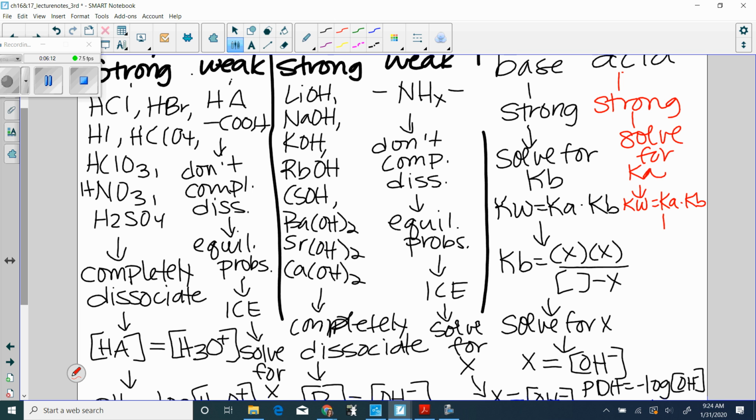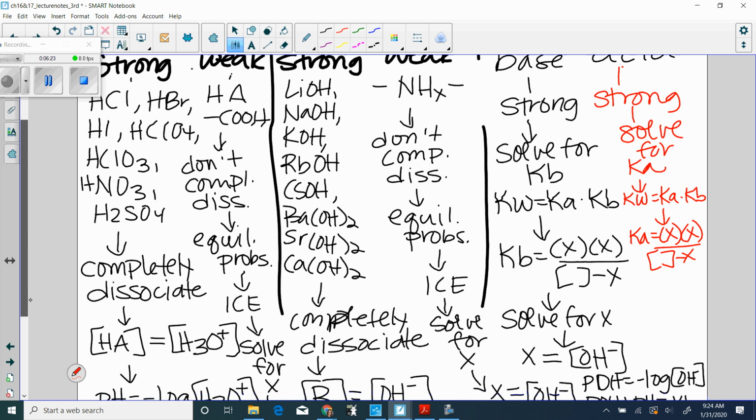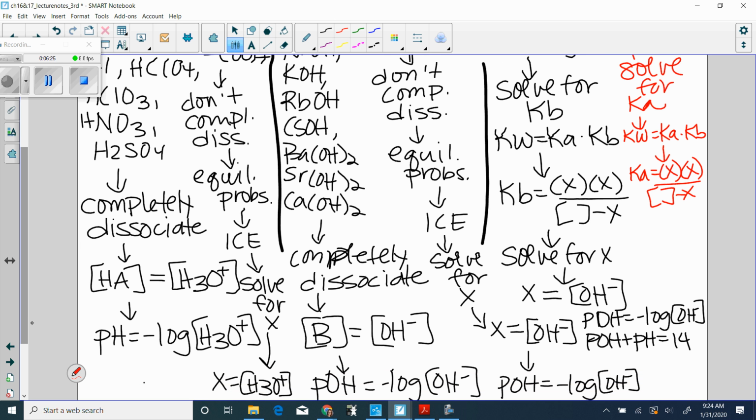Once we have Ka, we can do our x's, just like we've practiced a gazillion times. Once we have our x's, for an acid, x equals the H3O plus, so then we can just do our pH equation.